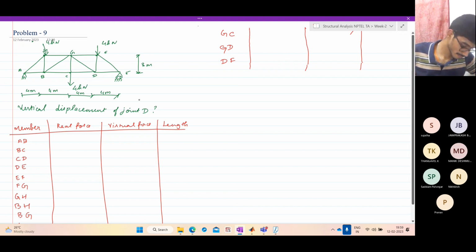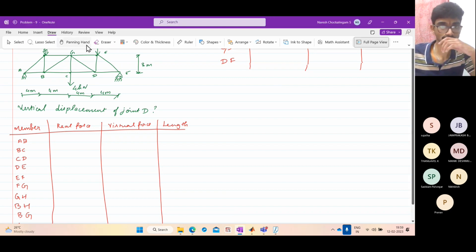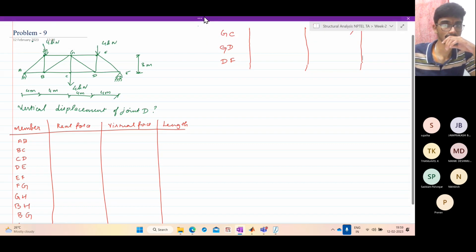Okay. So again, let's get started. So this page, let it be as such. I'll start solving in a different page. Let me copy this.